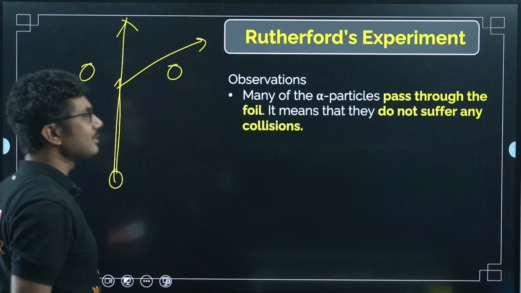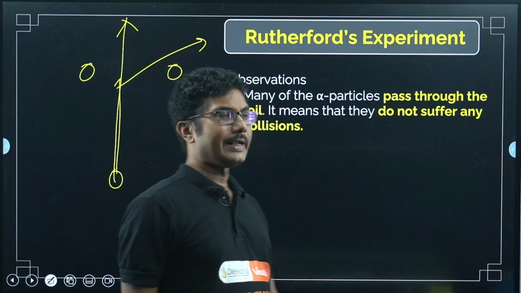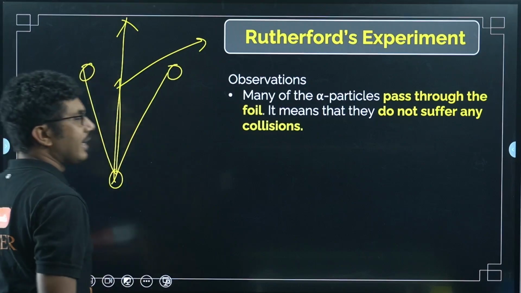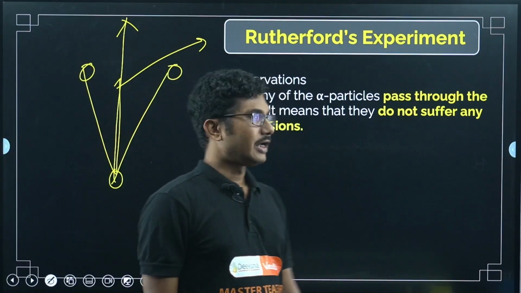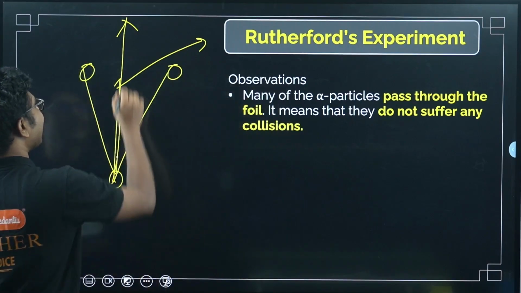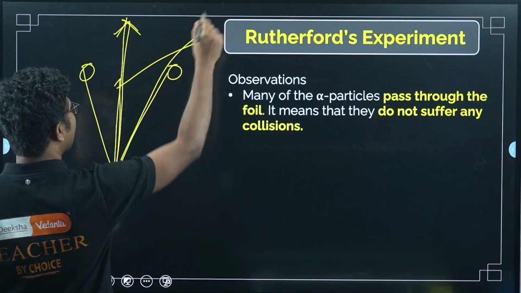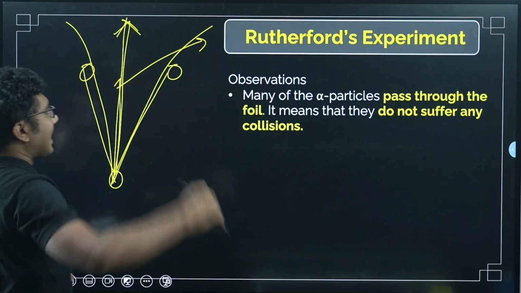The chance of collision is very, very low. Only if the ball is moving in this direction will it collide and change its direction. But if the path is clear, the coast is clear, I can go straight without any deflection. But sometimes I will deviate and I will collide.